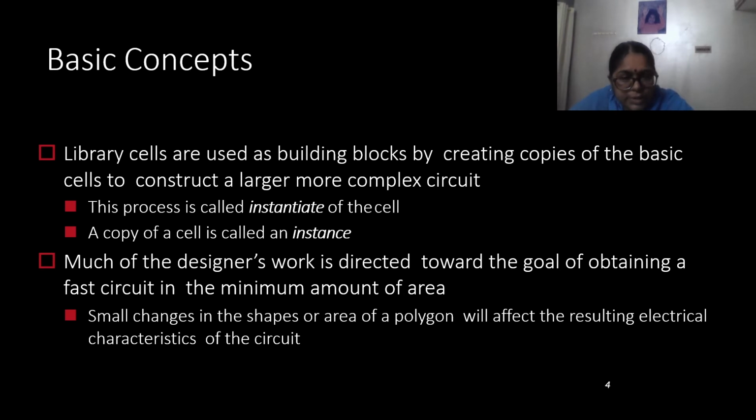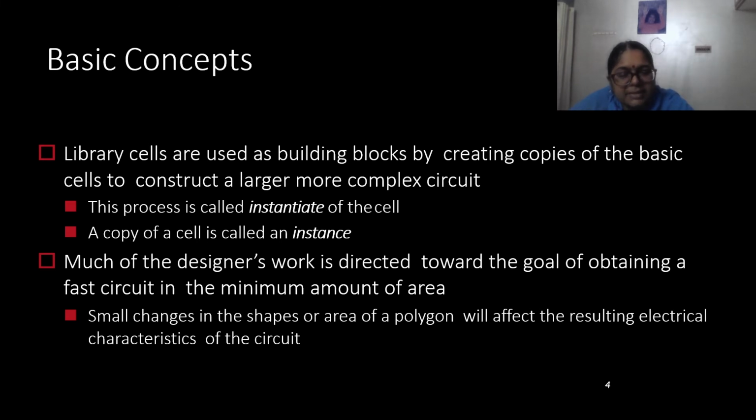So, when we are going to design the circuit, we should see to it that there is a trade-off between area and speed of the circuit. We know that there is a trade-off between area and speed of the circuit. So, our goal should be to have a faster circuit, that means a circuit which performs with high speed.